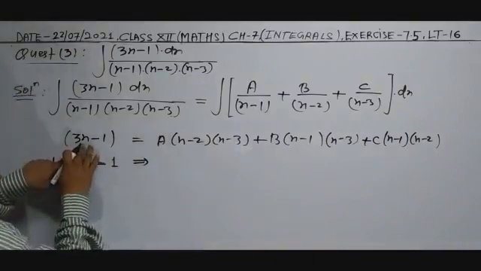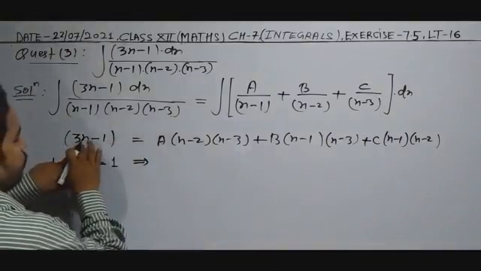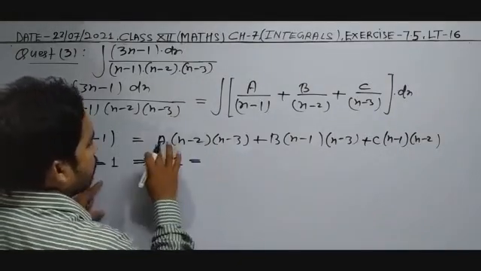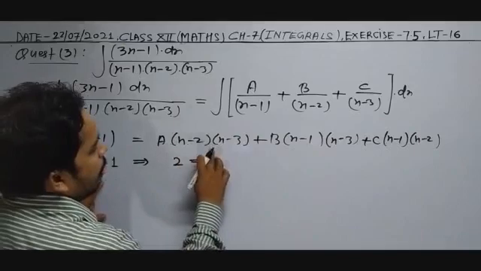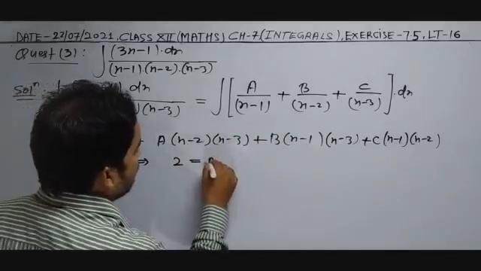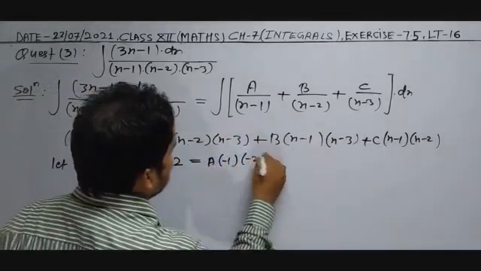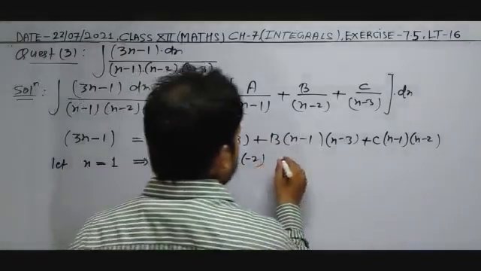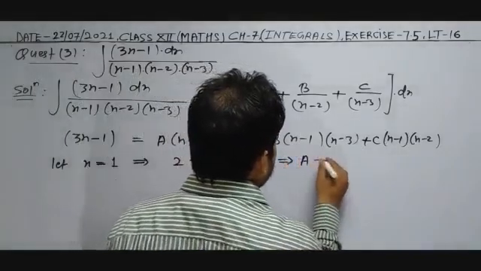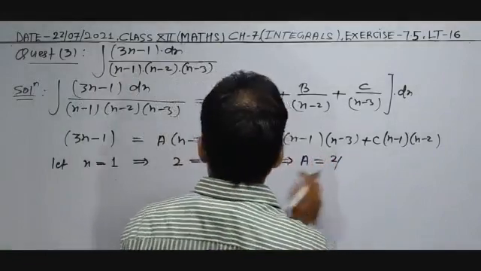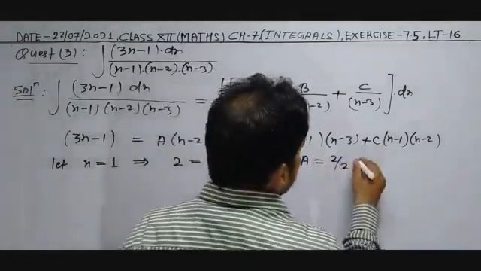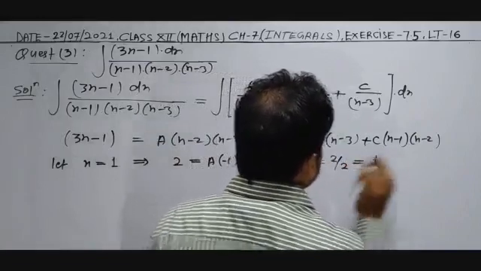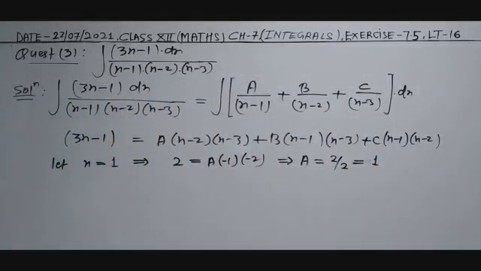At the place of x you put 1, so 3 times 1 minus 1, result is 2, equals a times (1-2)(1-3), which is a times minus 1 times minus 2. So you get a equal to 2 by 2, and a is equal to 1.